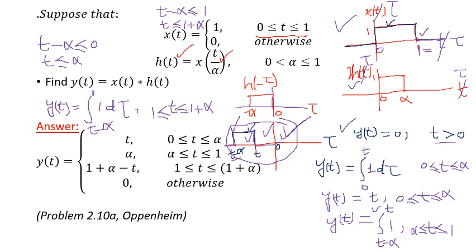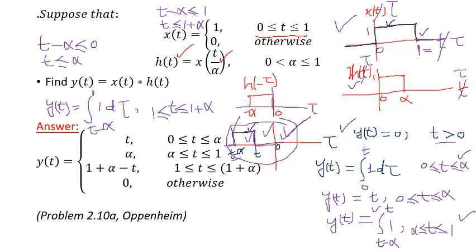So that means t minus alpha should be less than 0, or t should be equal to alpha. That's the maximum for this interval. So let's solve this. If we solve this, that's quite straightforward.